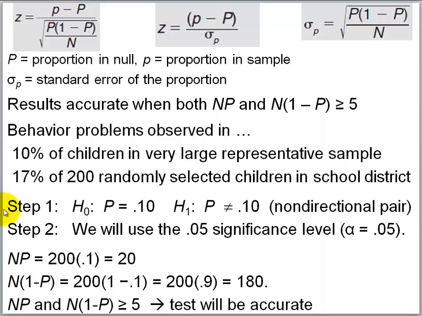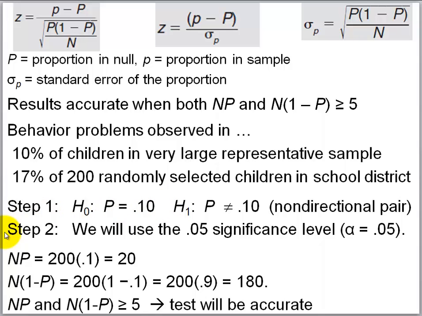So we need to implement our hypothesis testing model. Step 1 states the hypothesis pair, and we're going to use a non-directional pair. So the null states that the proportion in the population from which you've selected your children, that is the proportion in the full school district, is 0.10, and the alternative states that this is not the case.